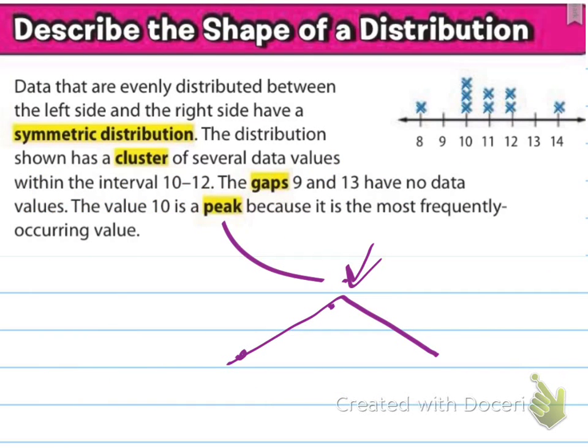All right, then we've got data that are very evenly distributed between the left and right side have symmetric distribution.